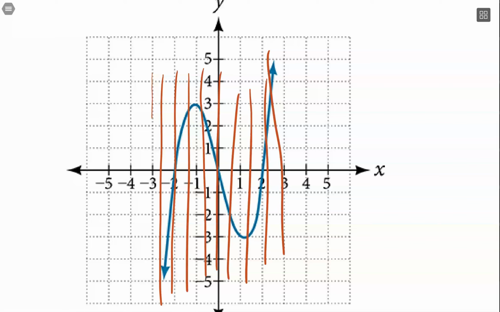But the idea is that with each of these vertical lines, sometimes it doesn't intersect at all, and that's totally fine. When it does intersect, it should only occur in one spot. If it crosses more than once, that's showing that for one input, there are multiple outputs. But in this case, we're seeing just one intersection point for each of those cases. So this is a function.